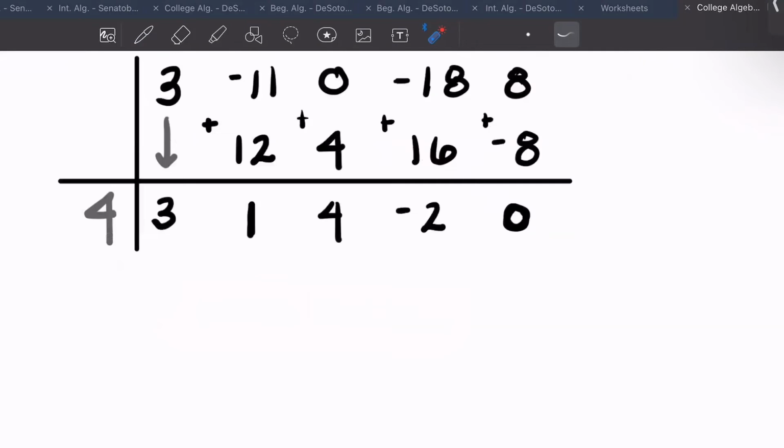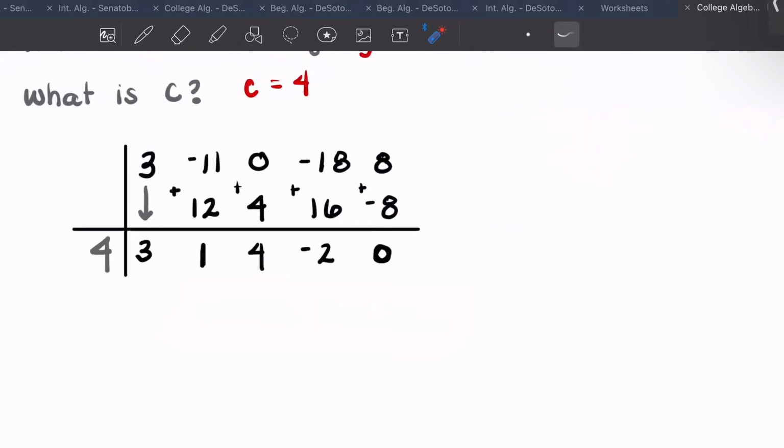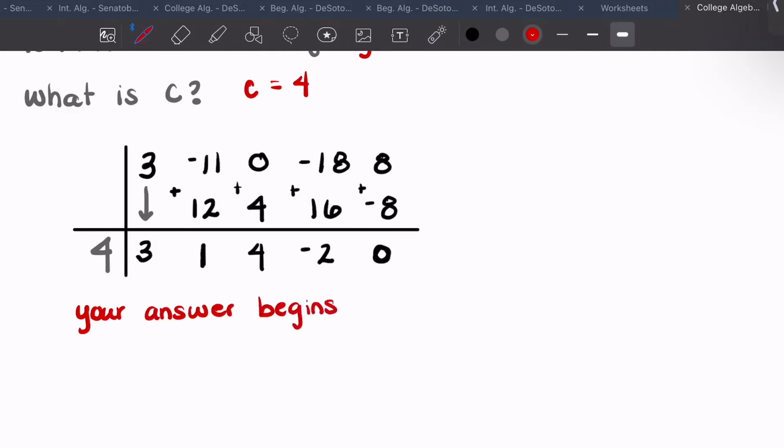Okay. You have divided. Now you need to put your variables and exponents back in. Okay. You are going to start. Okay. Your answer begins 1 power less than the problem.